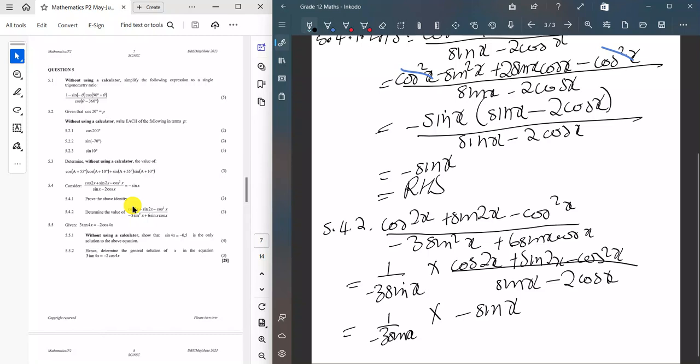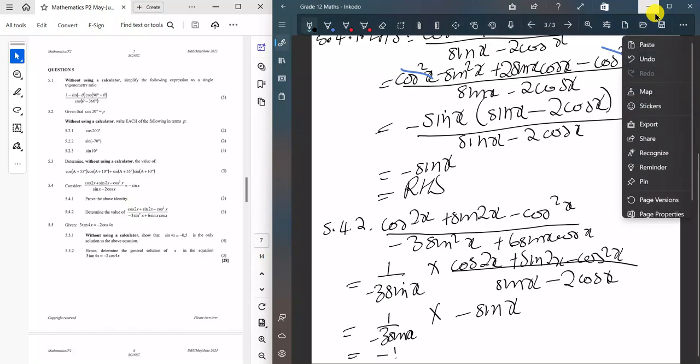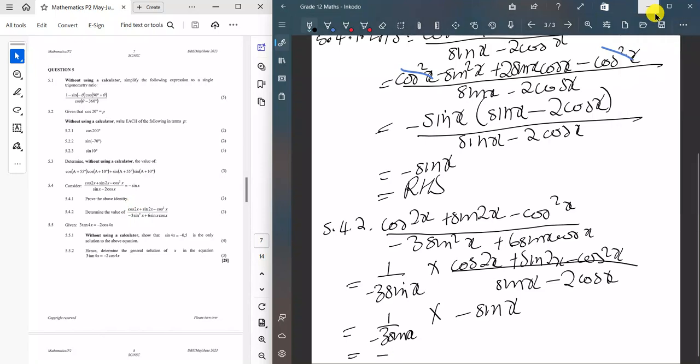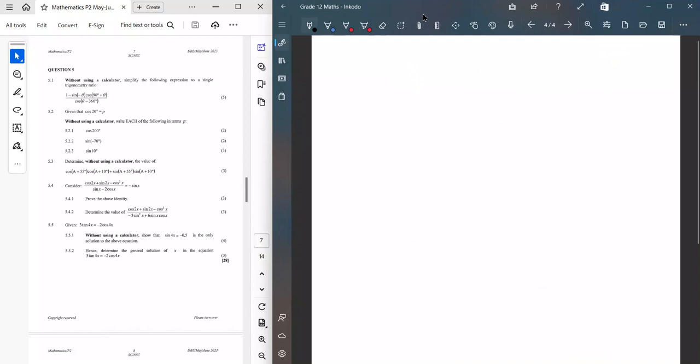Therefore, we can conclude and say this becomes negative sine x over negative 3 sine x.